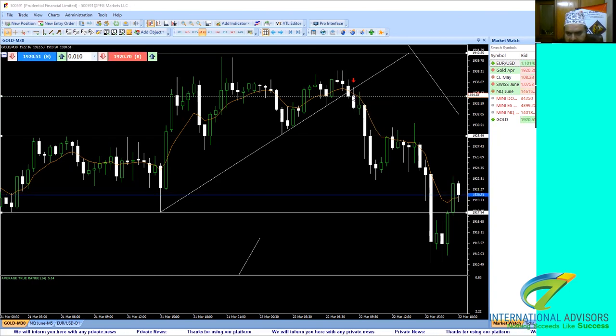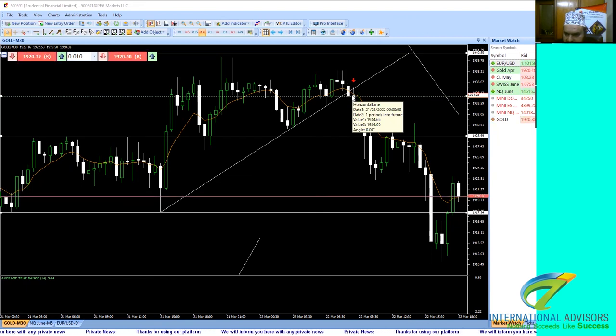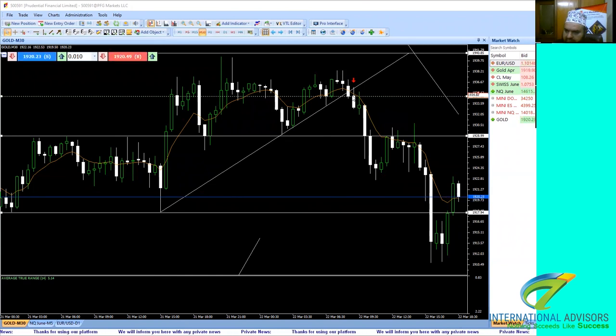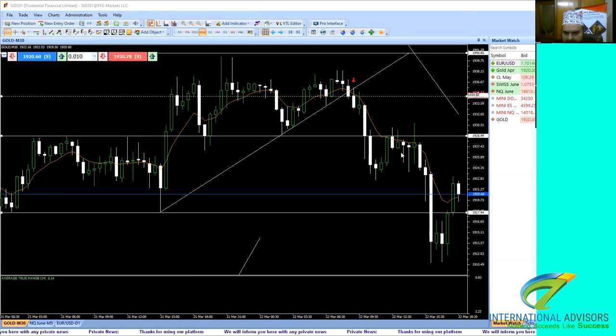You sold here. Start watching all these candles after this point. Once you sold, the next candle closing here, this candle closing at this point, this candle closing at this point.